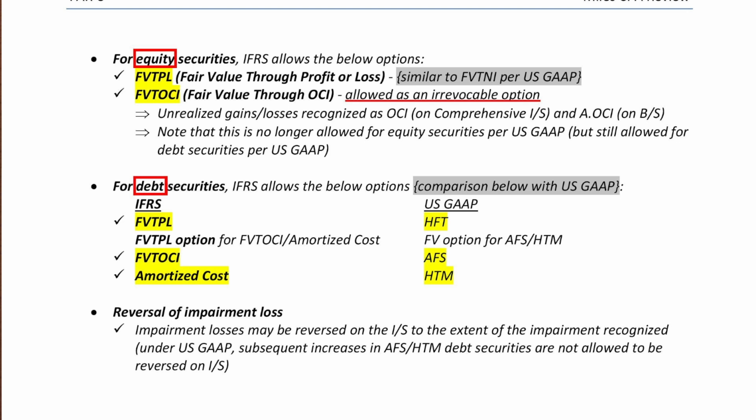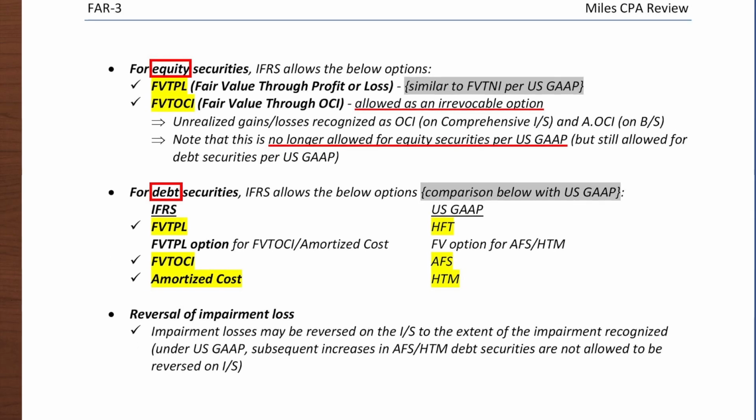Note that this is no longer allowed for equity securities per US GAAP. But of course, US GAAP allows this for debt securities under the available for sale category. So guys, that was about investments in equity as well as debt securities. And we've learned both US GAAP as well as IFRS.